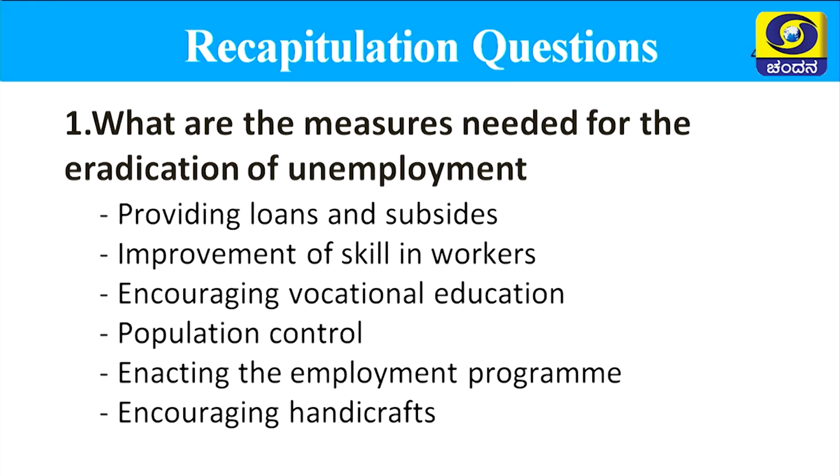The first point of this question: providing loans and subsidies, improvement of skill in workers, encouraging vocational education, population control, enacting employment programs, and encouraging handicrafts. These are some important measures taken by the government for the eradication of unemployment in our country. This is the most important question, children.